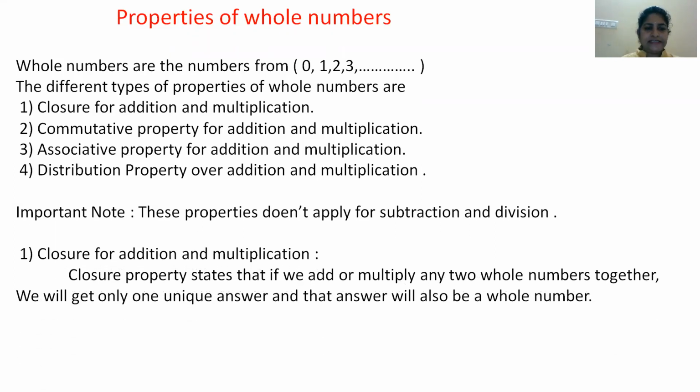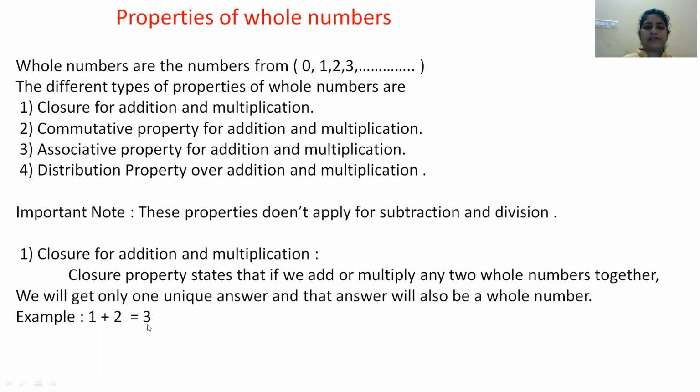Now we shall see in detail what the closure property for addition and multiplication is. Closure property states that if we add or multiply any two whole numbers together, the final answer will be a whole number. Suppose 1 plus 2, where 1 is a whole number and 2 is a whole number.